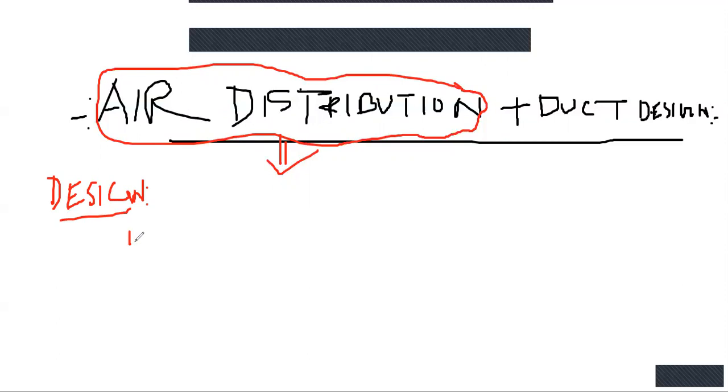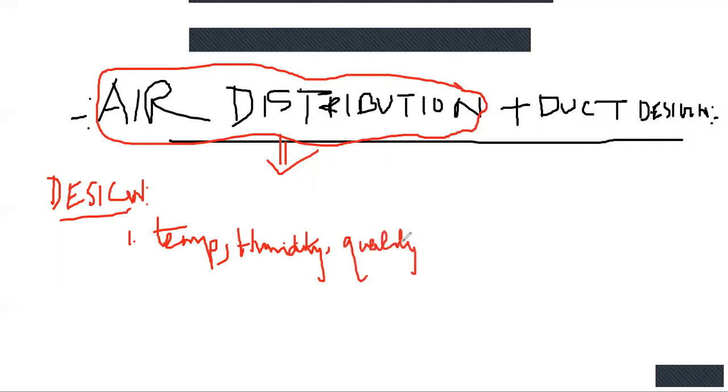First of all, we always remember to always maintain the temperature, humidity, quality of oxygen, quality of air, and air velocity.